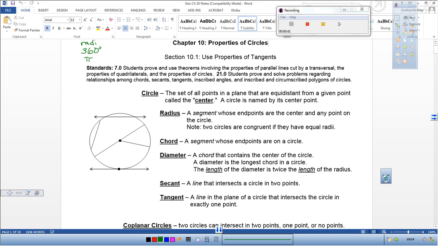Radii. Thank you. Radius. Nothing else? Erasing. Yeah. Lauren? Diameter.